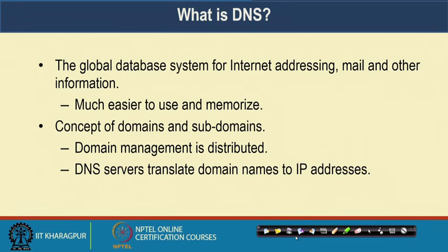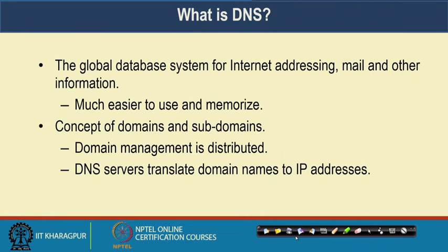There is a concept of domain and subdomains, in the sense of how much I will cover in my DNS. Suppose IIT Kharagpur DNS: what is its responsibility? It will take care of IITKGP as its domain, which can have subdomains and so on. Like iitkgp.ac.in may be a domain, and cse.iitkgp.ac.in a subdomain.